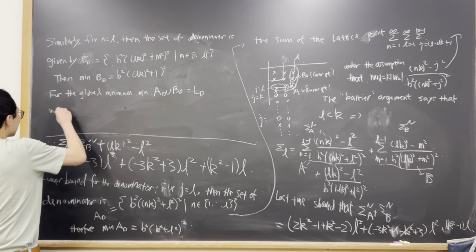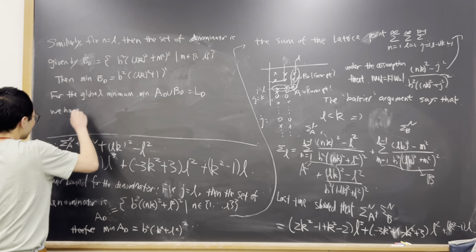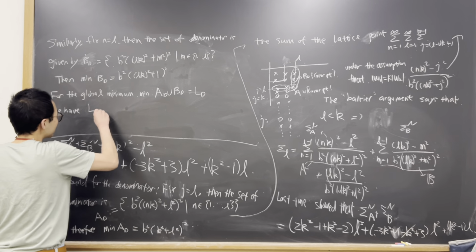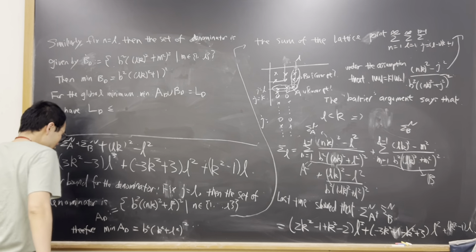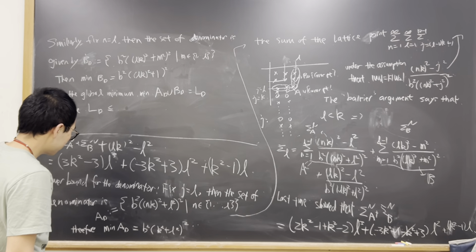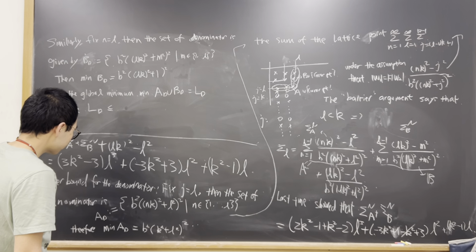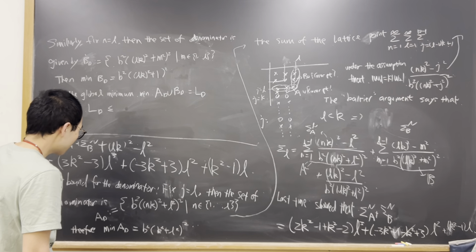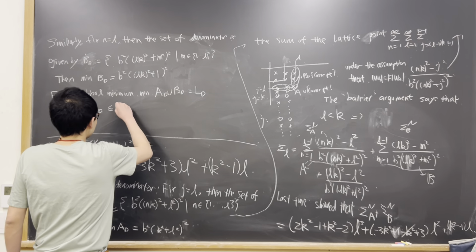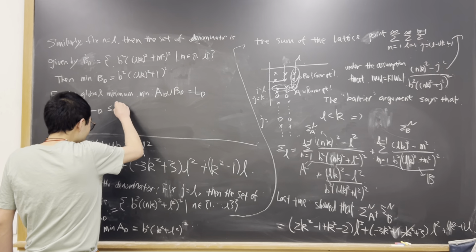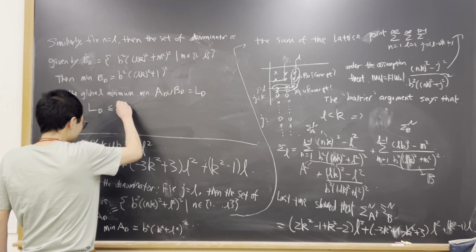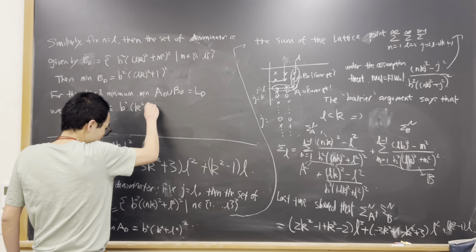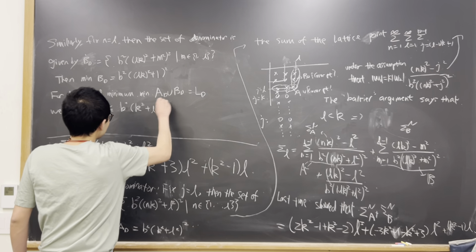So we have that this LD must be less than or equal to the minimum of AD, which is equal to b squared times k squared plus l squared, squared.